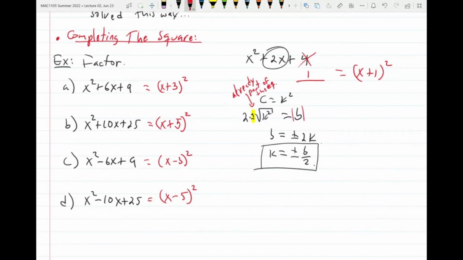And then to be technical, I should do this. Okay. It's just that the B that I'm writing here is not the usual B. But I want to somehow specify why we needed the plus or minus. So it's already part of the equation, and I'll say here.